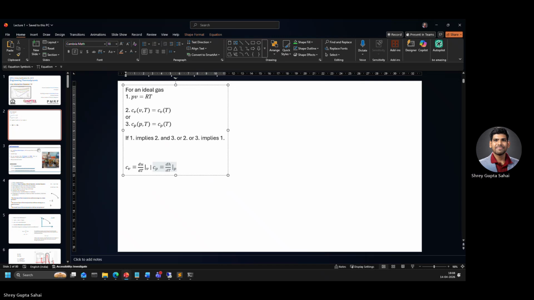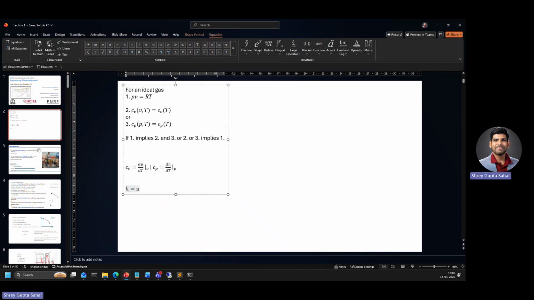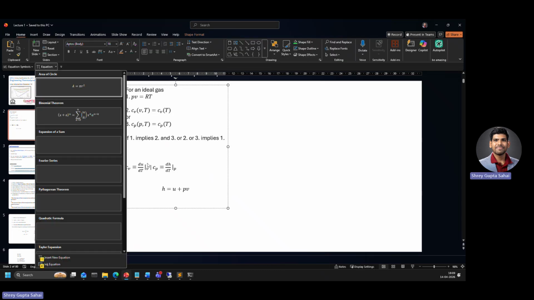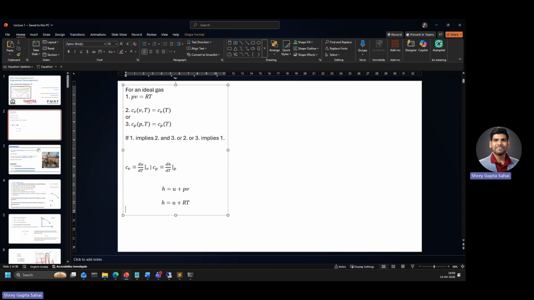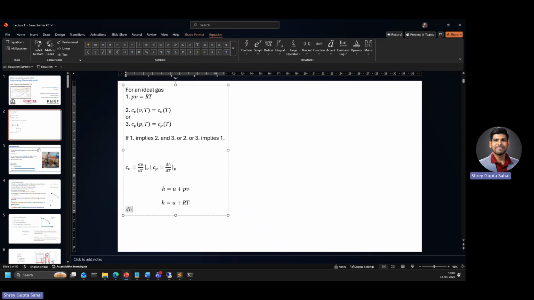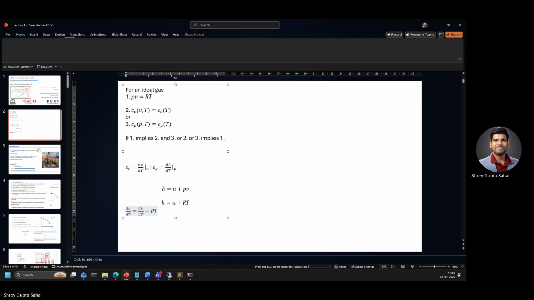Now, if one holds, then you know that H is U plus PV. For an ideal gas, H becomes U plus RT. So now, what does this say? This says that dH by dt is du by dt plus R, isn't it?